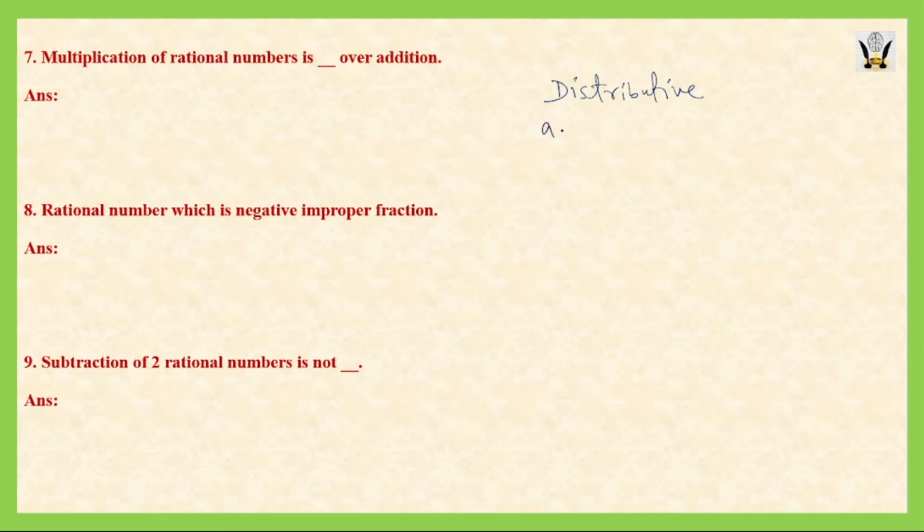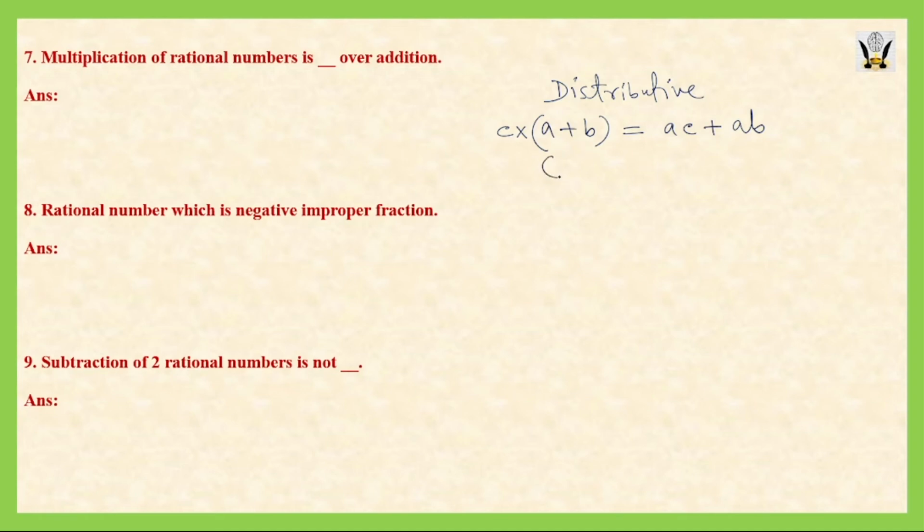Suppose we have two rational numbers a and b, and if we add them, and with the result of that addition we multiply by another rational number c, then the result will be ac plus bc. So here the multiplication is distributive over addition.